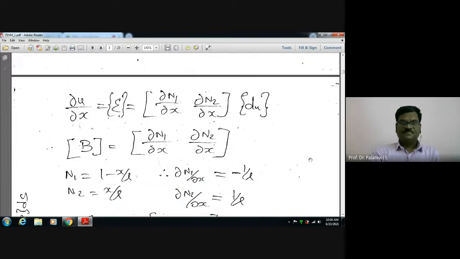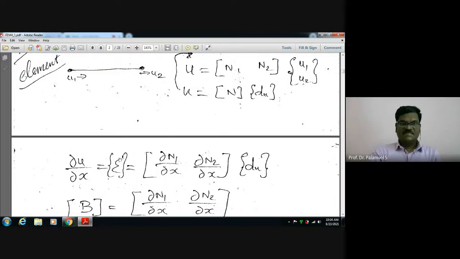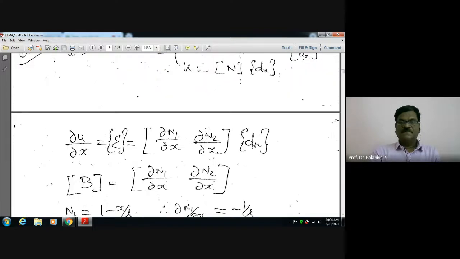Now I am getting the strain ∂u/∂x, which is nothing but the epsilon vector. The strain is equal to ∂N1/∂x, ∂N2/∂x into δ, the nodal degrees of freedom. Now we are expressing the strain in terms of the nodal degrees of freedom.